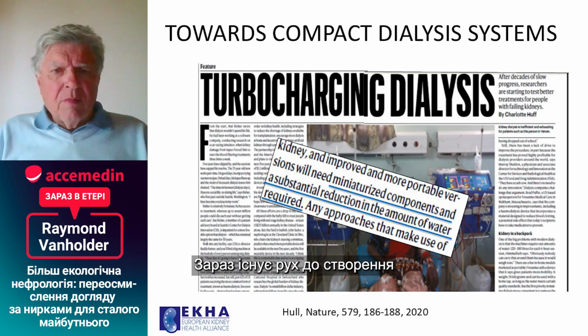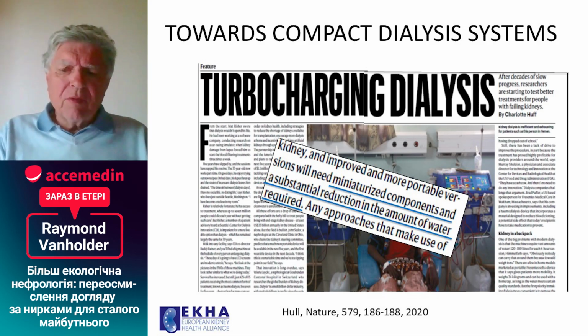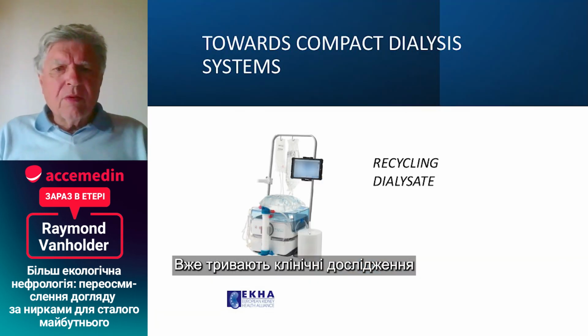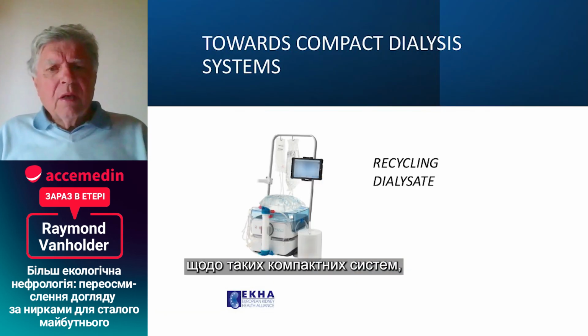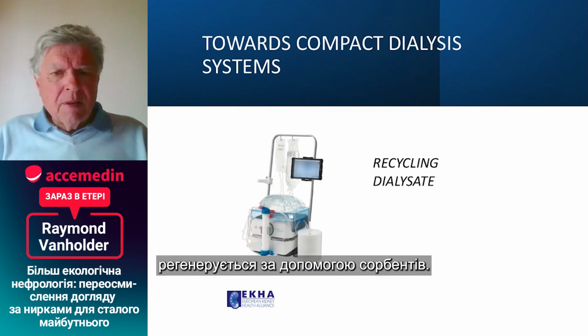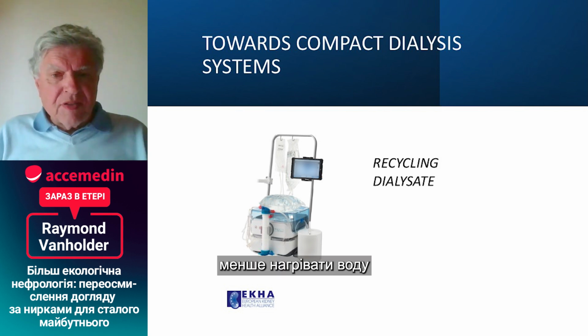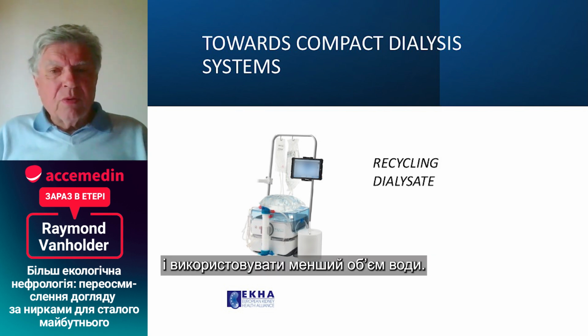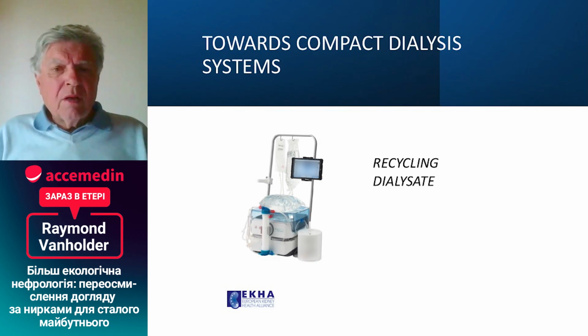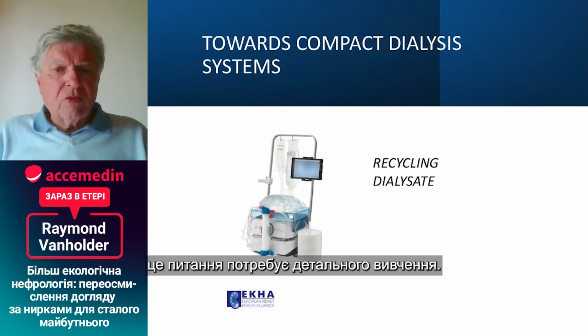There is a move towards more compact dialysis systems that is taking place. For the time being, there are a number of clinical studies ongoing with more compact systems, which are consuming only 7 or 8 liters of dialysate, and that dialysate is regenerated by a sorbent. In that case, one needs much less heating of the water and also less water volume, with as only counterpart the environmental burden of the sorbent.